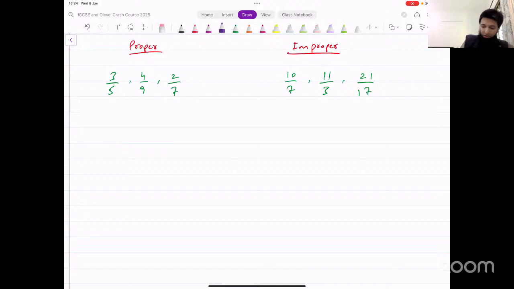Okay, so what is a proper fraction? A proper fraction is one in which the numerator is less than the denominator. And an improper fraction is one in which the numerator is greater than the denominator.